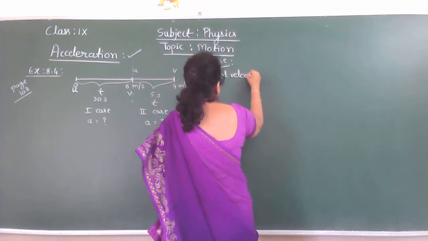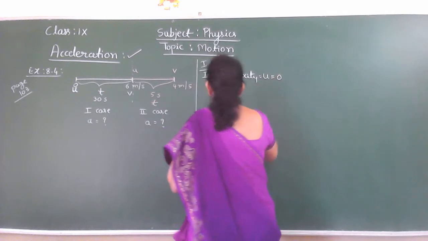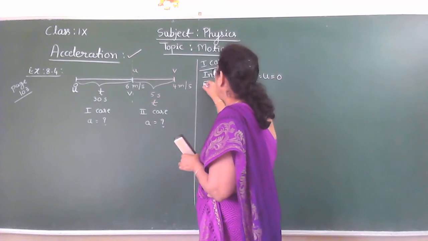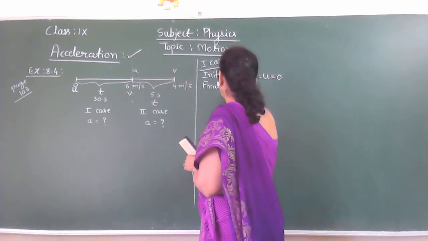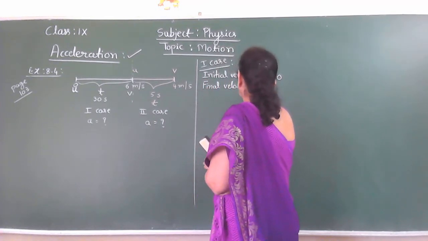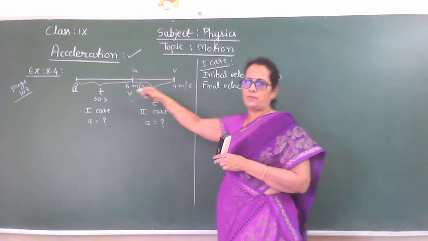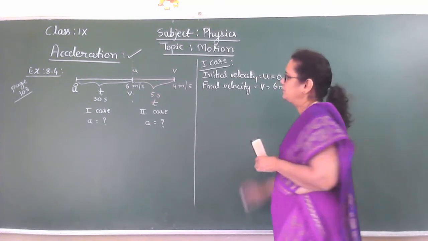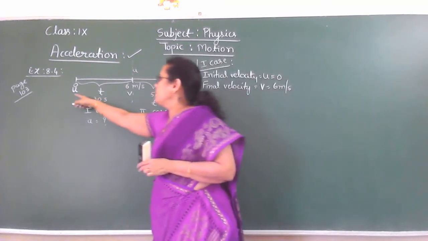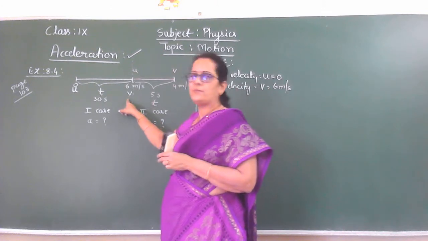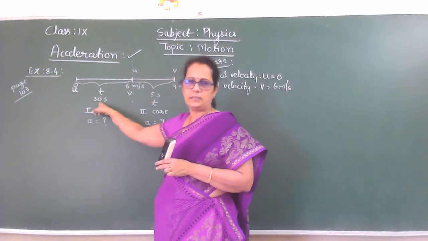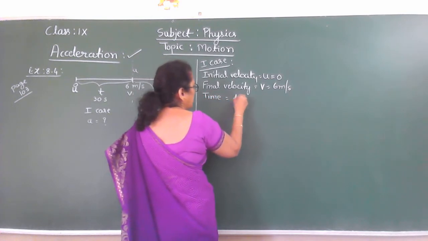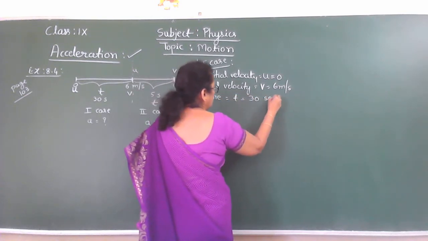So what is the final velocity here? Final velocity v is 6 meter per second. Then what about the time taken to travel from u to v? The time taken is 30 seconds, so t equals 30 seconds.